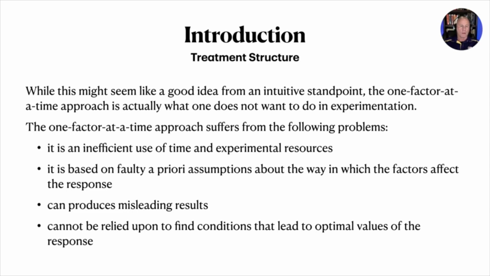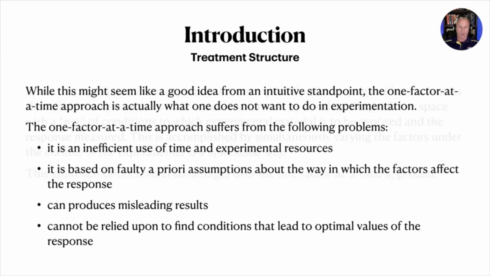Third, the one factor at a time approach can produce misleading results, certainly incomplete results, and often because of that lack of information, a lack of a complete picture of what's going on, the results drawn from one at a time experimentation can actually lead to misleading results. And finally, the one factor at a time approach cannot be relied upon to find conditions that lead to optimal values of the response. So the one factor at a time approach is not preferable. In fact, that's exactly what we don't want to do.